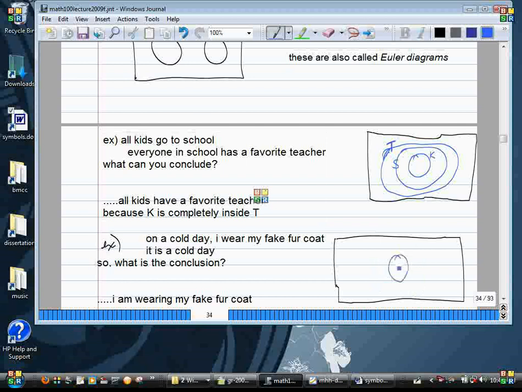So what we have is, this is a cold day, and this fake fur coat. Because another way to interpret the given statement is, for all cold days, I wear my fake fur coat. So that should give you an idea as to which circle goes in which.